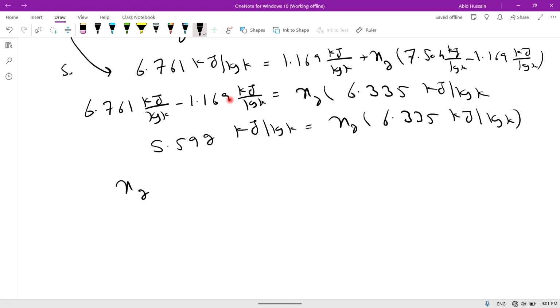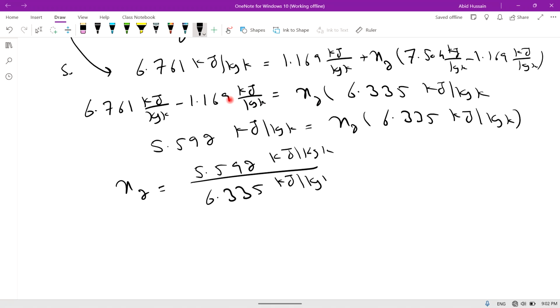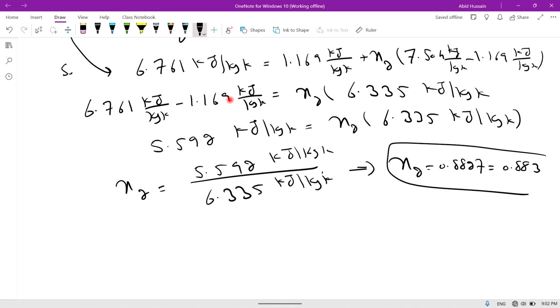So X2 is equal to 5.592 divided by 6.335, so X2 is equal to 0.8827. After rounding, this will be equal to 0.883. And the kilojoule per kilogram per Kelvin units cancel out.